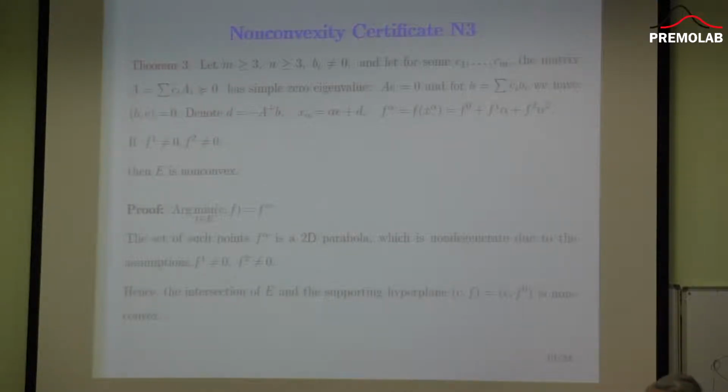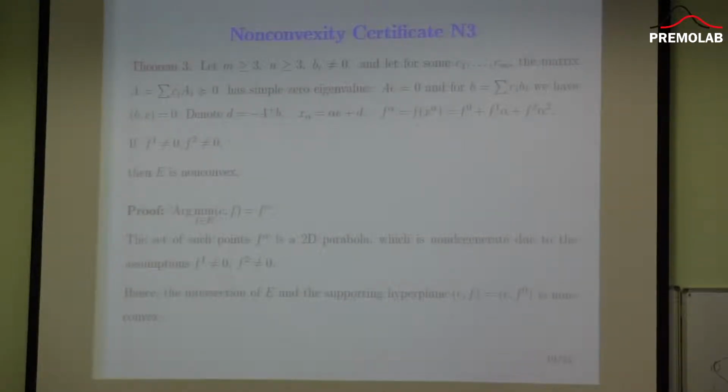And now the result is that we have some intersection of a supporting hyperplane with our image, which is a 2D parabola, and again, it's without points inside, so it's non-convex.